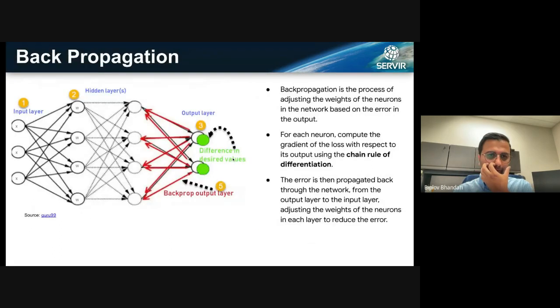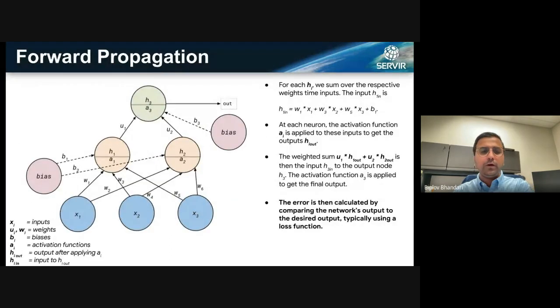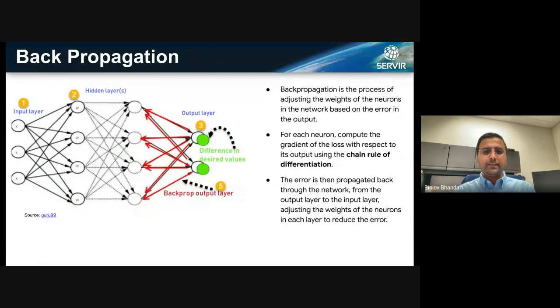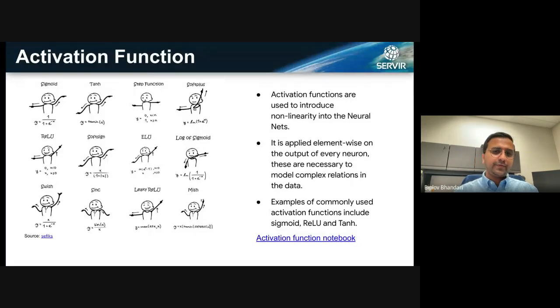Okay, so now we know how data is moving forward and how it's adjusting its weights, but there were some activation functions and loss functions that were applied in between. The activation functions are usually a mathematical function that introduces some form of nonlinearity in your neural nets. If you have linear data, you're better off not using machine learning algorithms; you could just use simple linear regression.